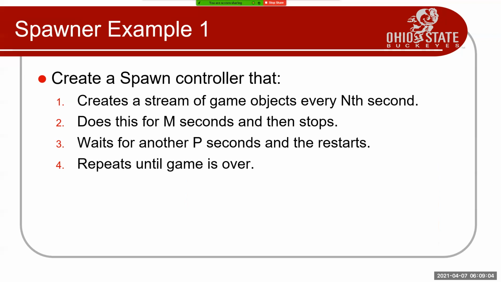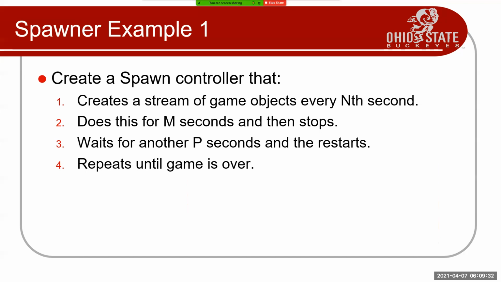Just some more examples here. So here's another slightly different example. In this case, I want a spawn controller that's going to create a stream of game objects every so many seconds. Let's create a game object every half a second, and I'll stop that after 3 seconds.